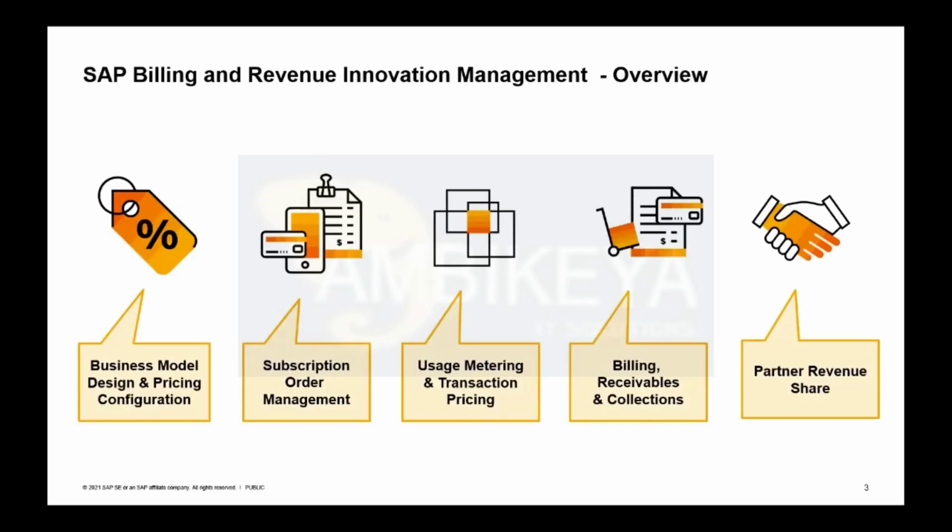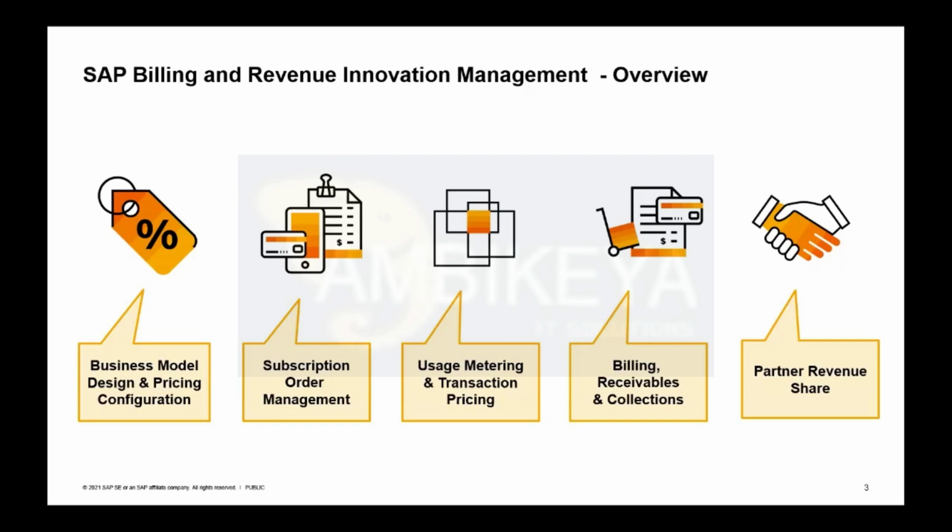With the BRIM, Billing and Revenue Innovation Management overview, we have a set of functions and features in place that we can use. This is mainly used for subscription and consumption business.